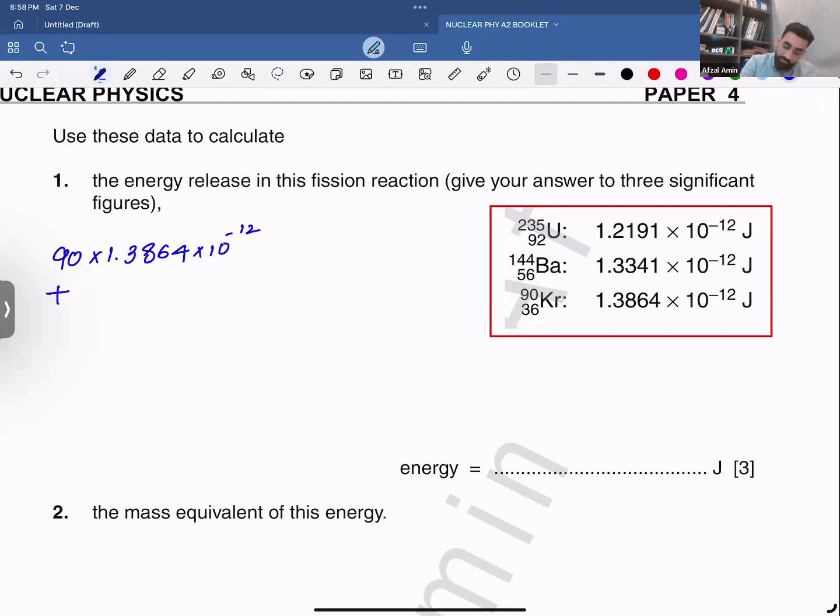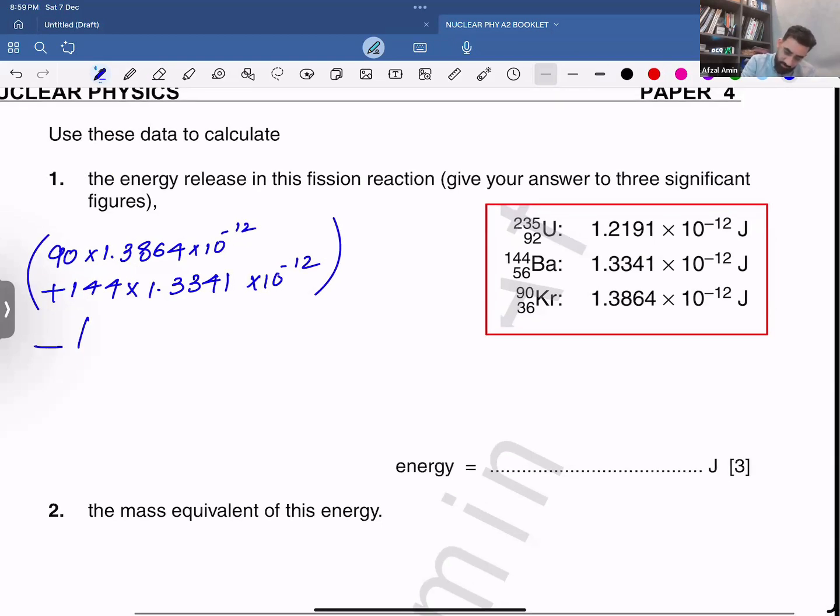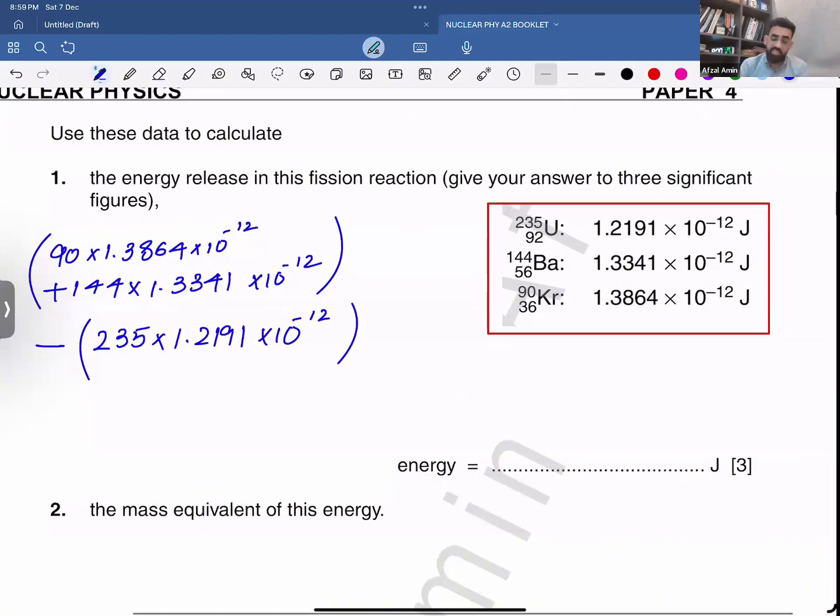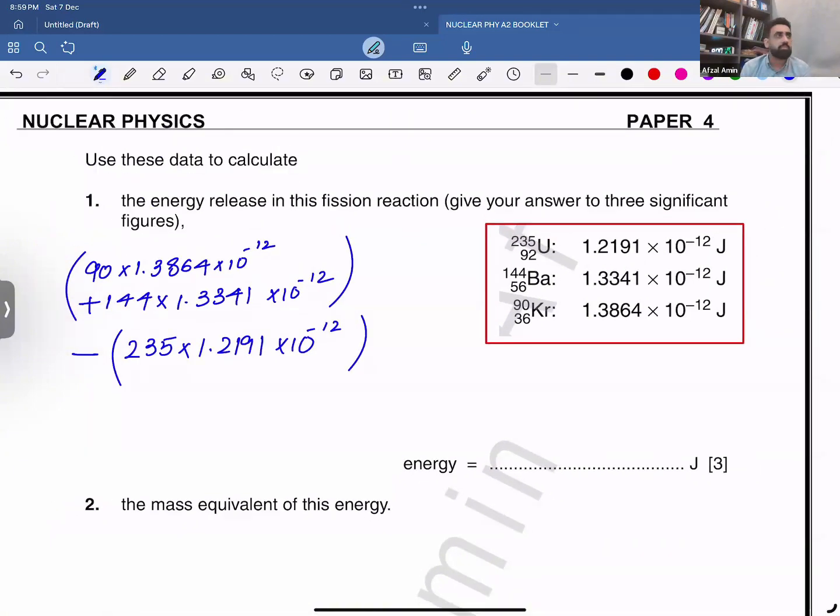Then add barium 144 times 1.3341 10 power negative 12, like this. Yes, minus 235 times 1.2191 10 power negative 12. 3 significant figures, please. 3.04 times 10 power negative 12.